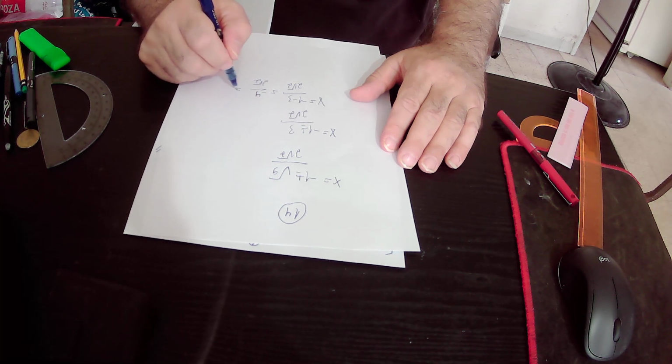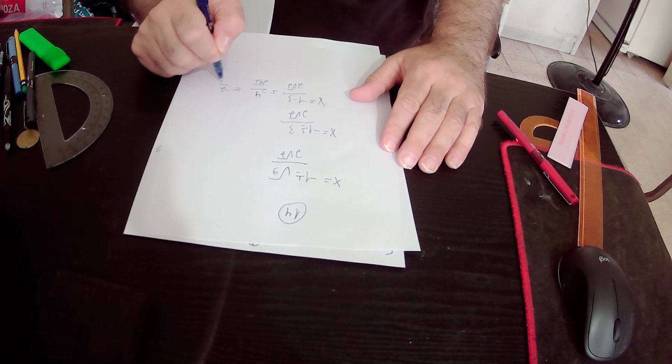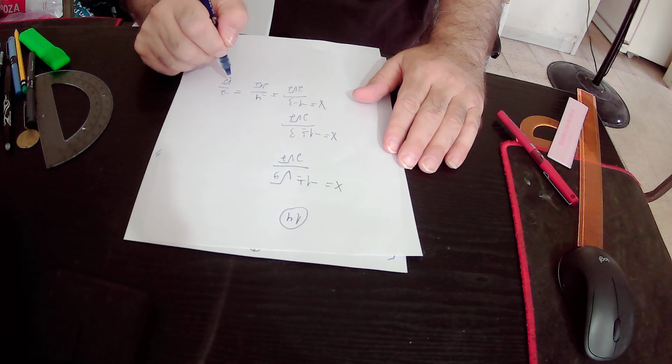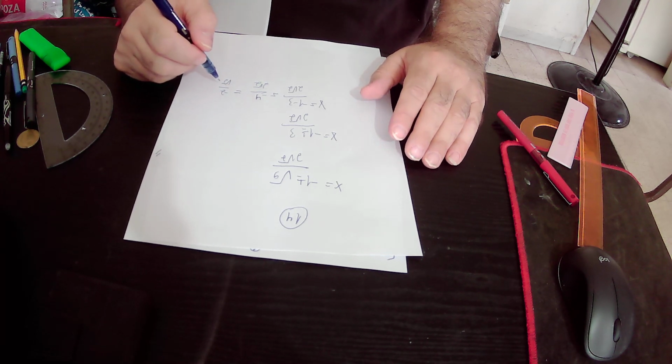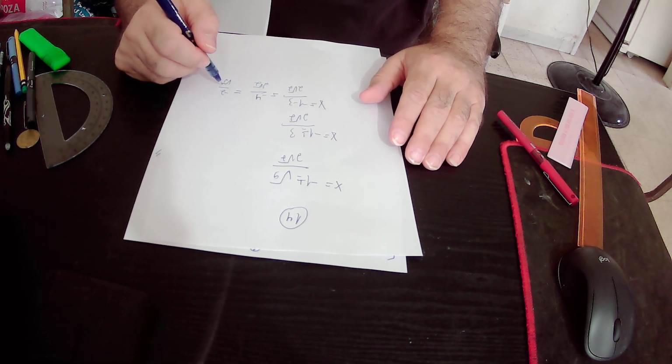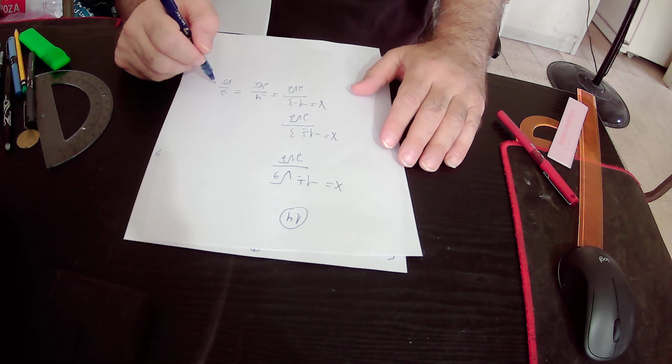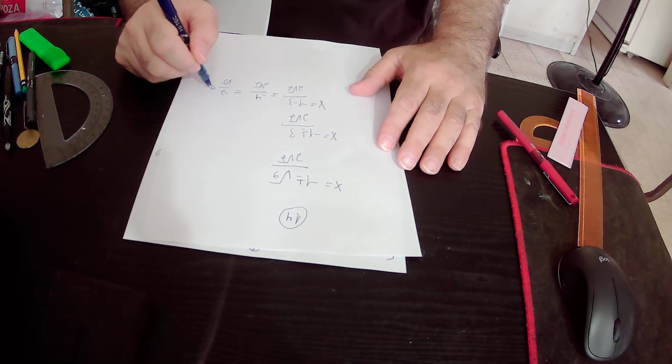So minus 4 over 2 is minus 2 over root 2. So we actually found out that x equals minus 2 over root 2, is smaller than 0, it is a negative number.